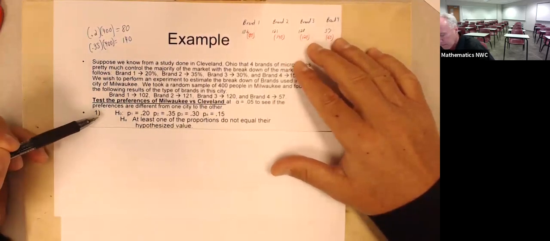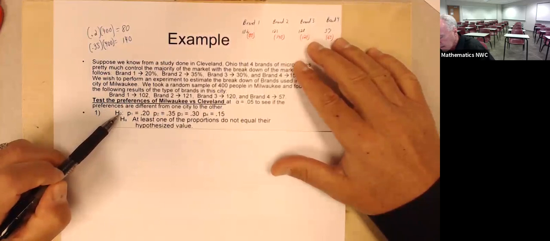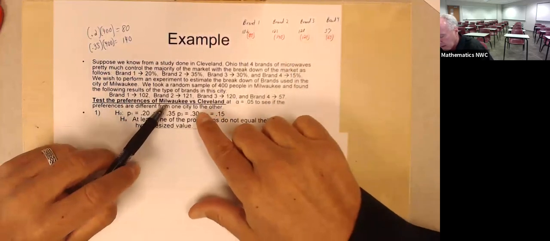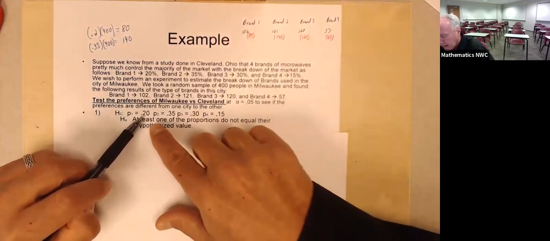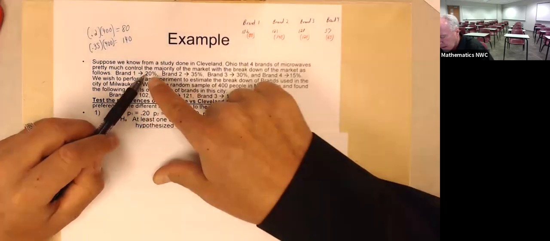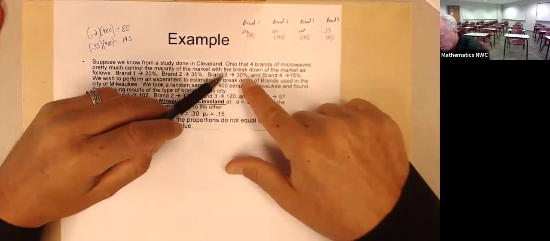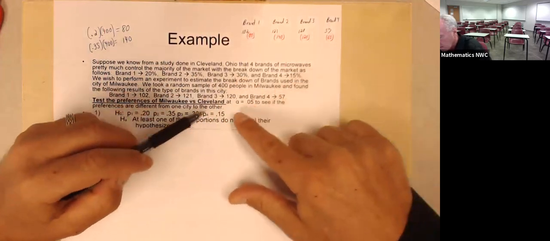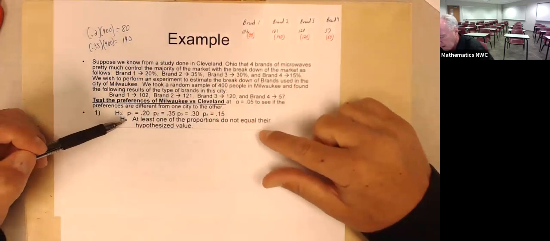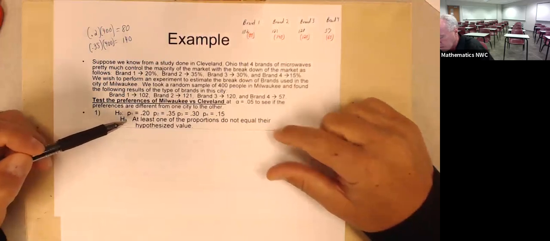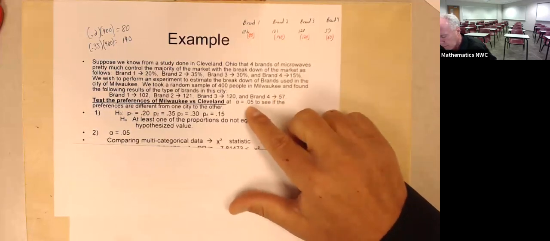Step number 1. My null, because I'm comparing it to Cleveland, I use Cleveland's percentage, 20% for 1, 35 for 2, 30 for 3, 15 for 4. Our alternative always the same. At least one of the proportions does not equal their hypothesized value. My alpha level was given in the problem.